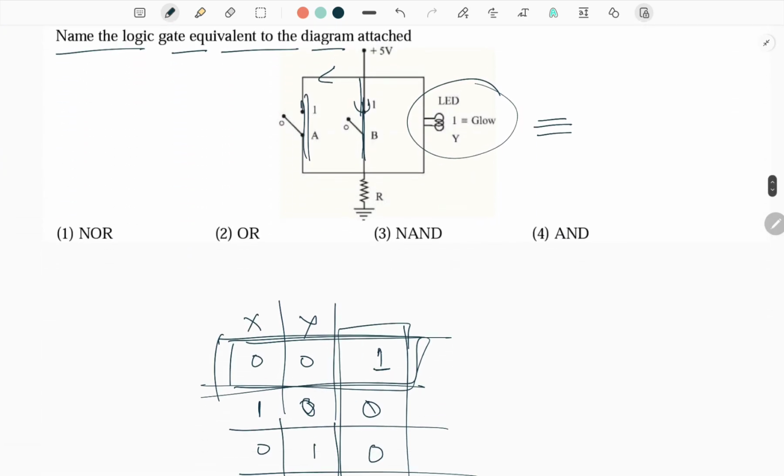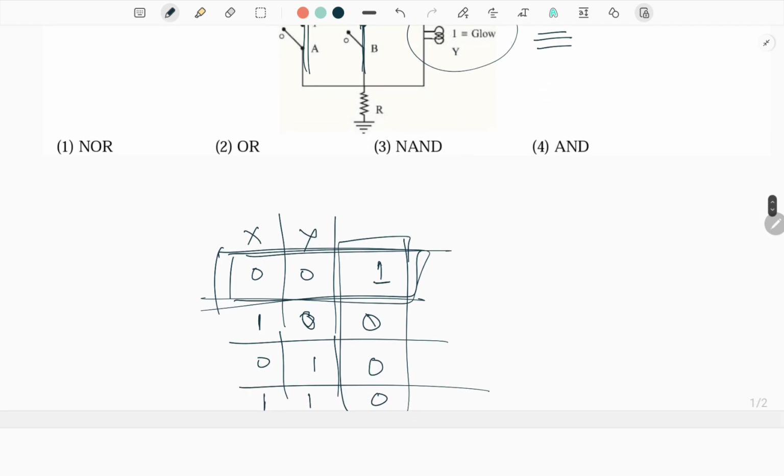Now we have to find out which logic gate is equivalent to this configuration. This is just opposite to the OR gate.